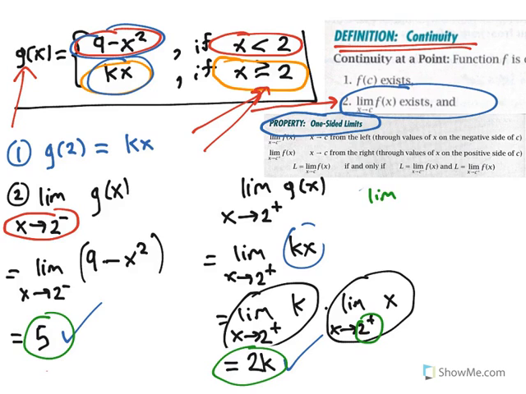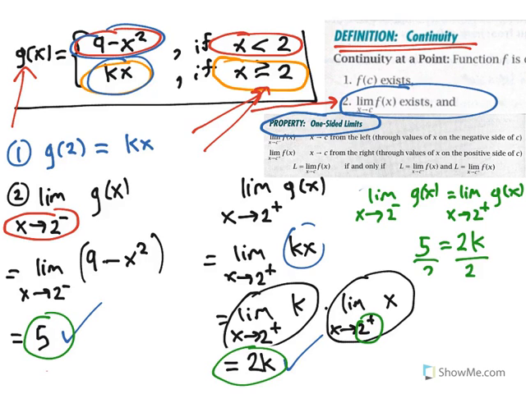So we set the limit of g of x as x approaches 2 from the left equal to the limit of g of x as x approaches 2 from the right. The left limit is 5. The right limit is 2k. Now we can solve for k by dividing both sides of this equation by 2. So k is equal to 5 divided by 2, which is of course 2.5.